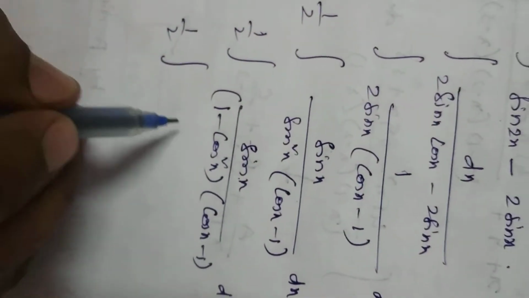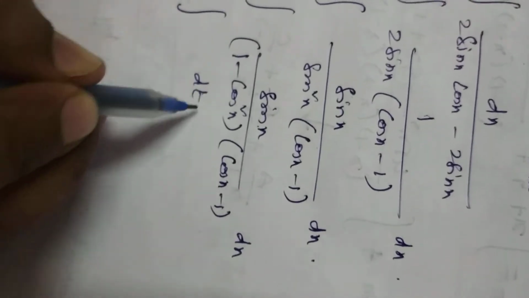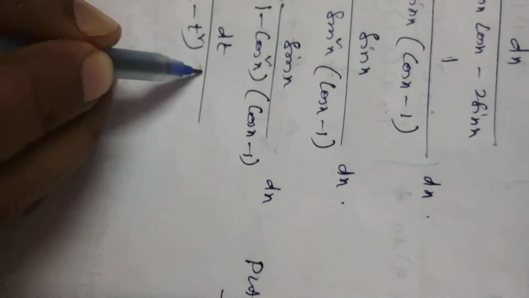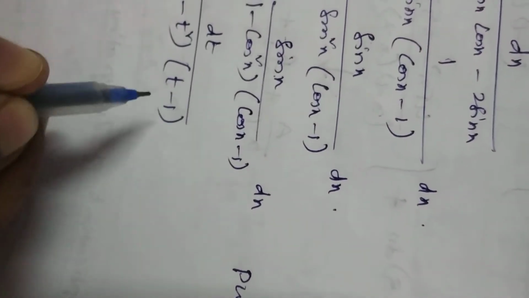So minus sin x dx equals dt, that is sin x dx equals minus dt. So 1 by 2 of integration of minus dt by (1 minus t square) into (t minus 1).